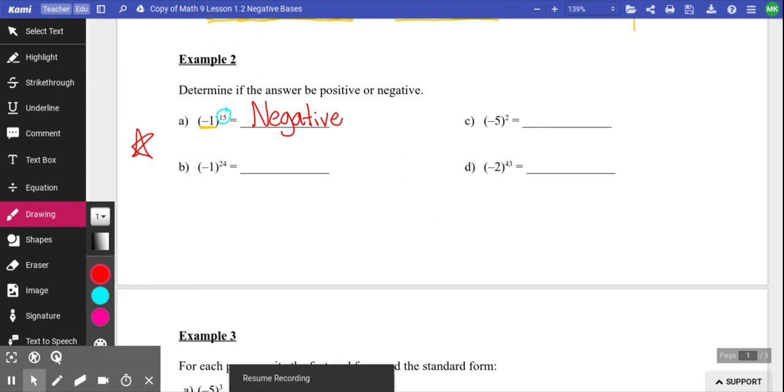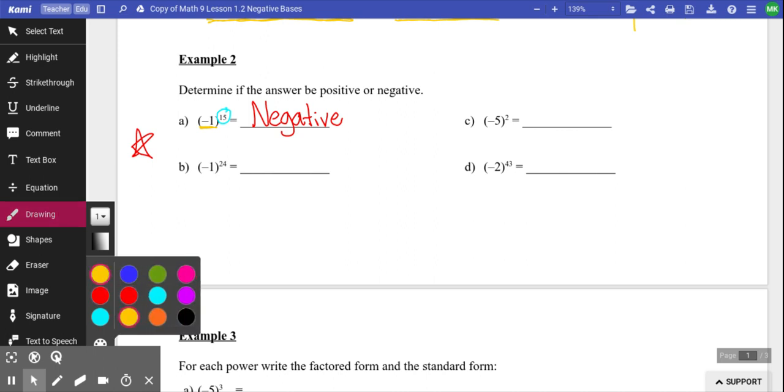If I look at B, I have a negative base, negative 1, but then I have an even exponent. That means the negatives are all going to pair up and cancel each other out, leaving me with a positive answer. If I look at C, I have a negative base and an even exponent.